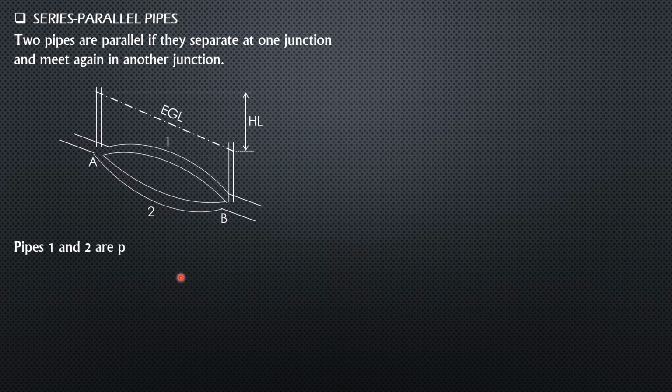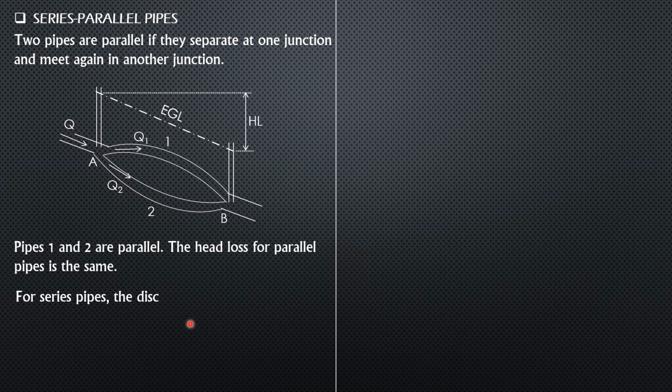So pipes 1 and 2 are parallel. The head loss for parallel pipes is the same, so HF1 equals HF2. Then for the division of flow, if the discharge entering a junction is Q, then it will be equal to the sum of the discharges leaving the same junction.